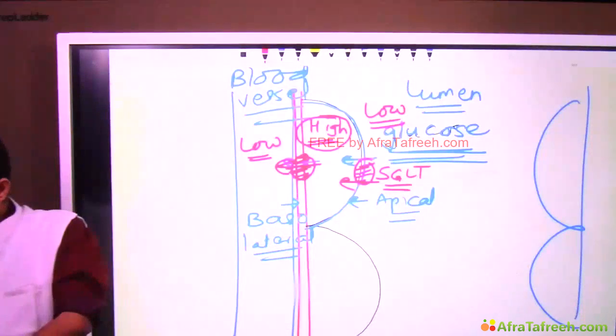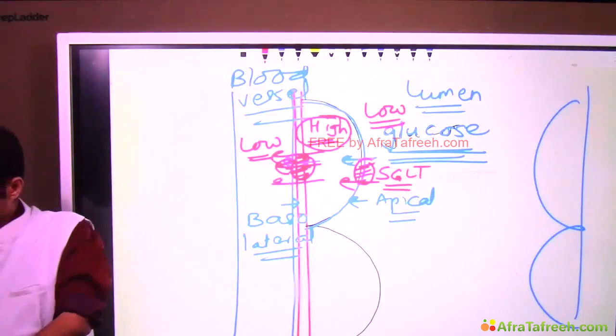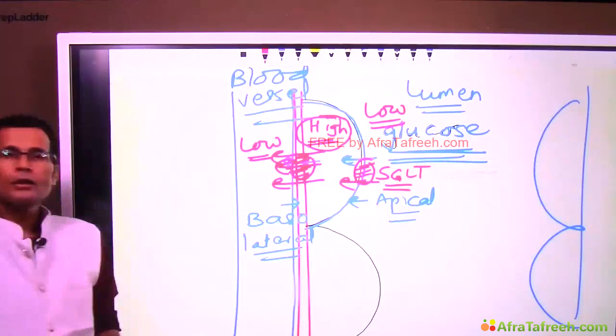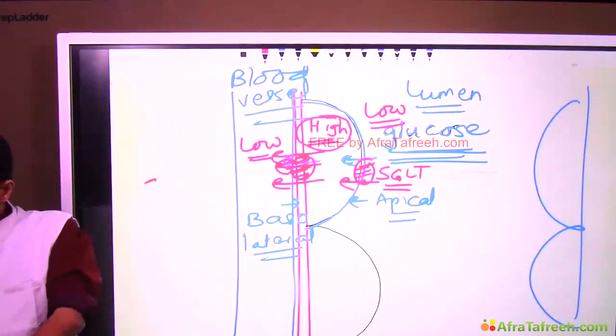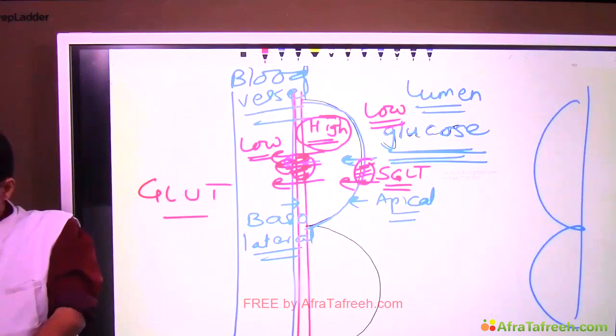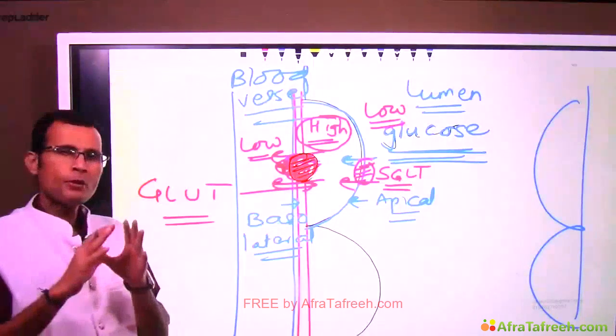And high to low, when glucose leaves the cell, it's facilitated diffusion, so it will use GLUT, this transport protein. This carrier protein will be GLUT. Just remember one more fact here.